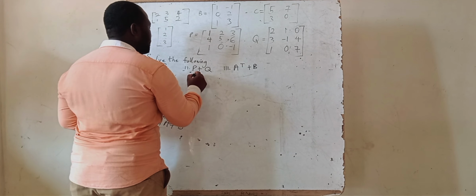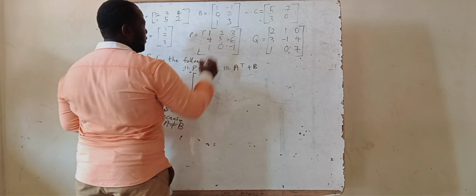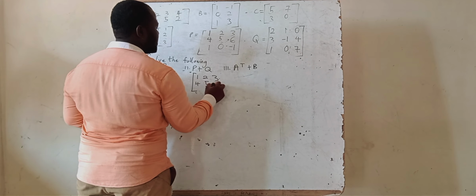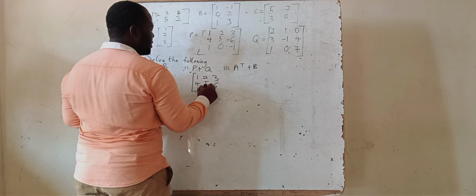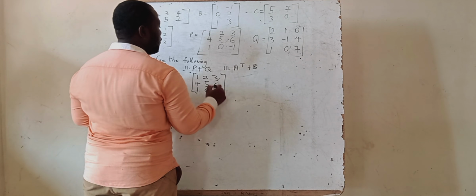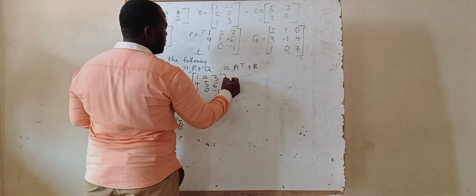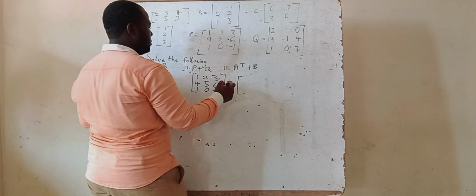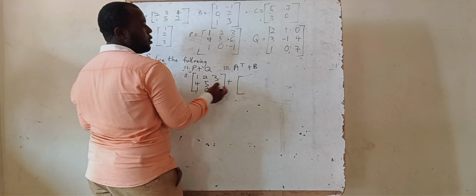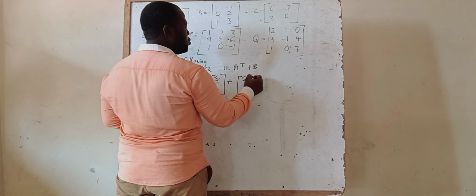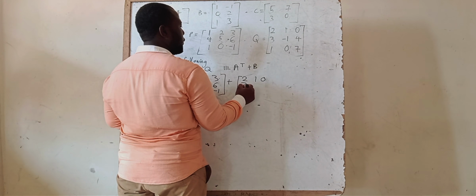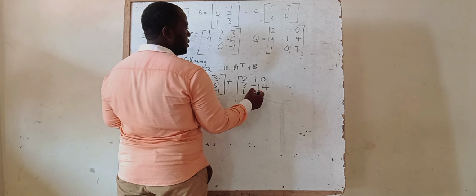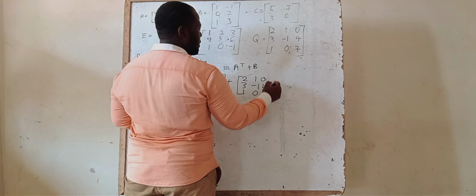P plus Q will be: we have one, two, three, four, five, six, one, zero, negative one for P, and Q will be two, one, zero, three, negative one, four, one, zero, seven.